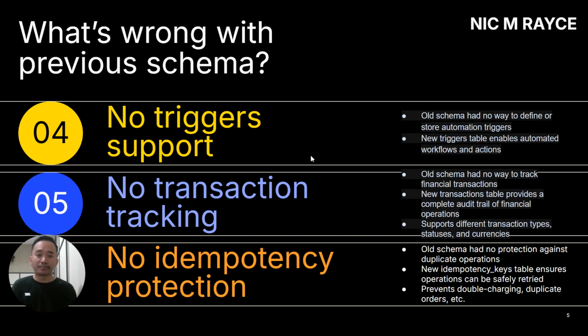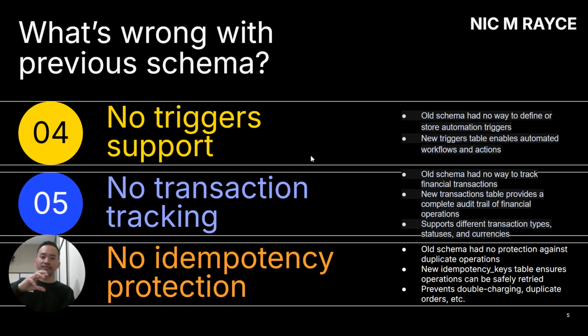Number 6, no idempotency protection. Now, this is super important, and I'm surprised Cursor didn't suggest it initially when we were building this. When we're dealing with payments and transactions, the last thing we want is double charging or duplicate orders.